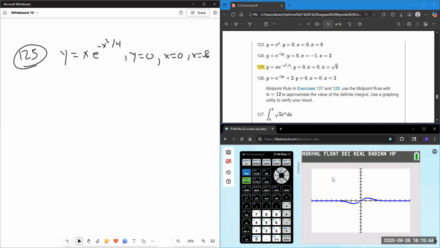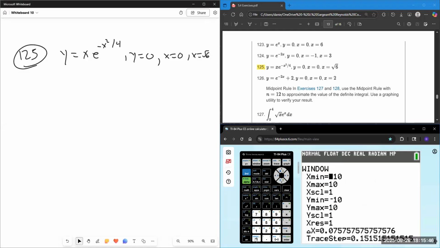X is going just from 0 to square root of 6, and maybe I can make these increments kind of small here.